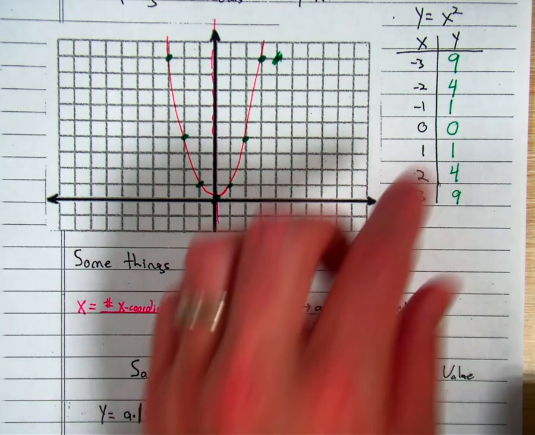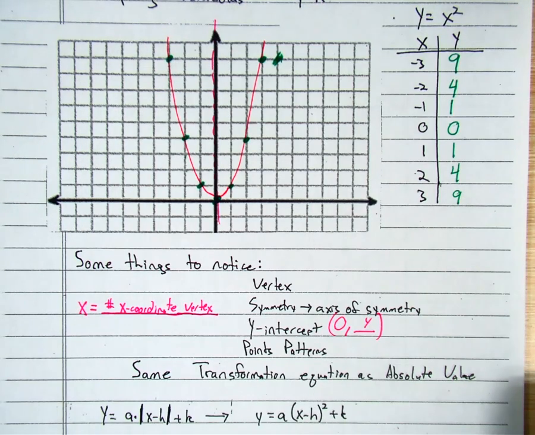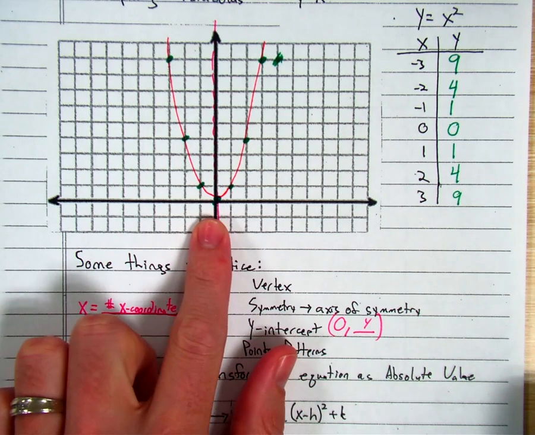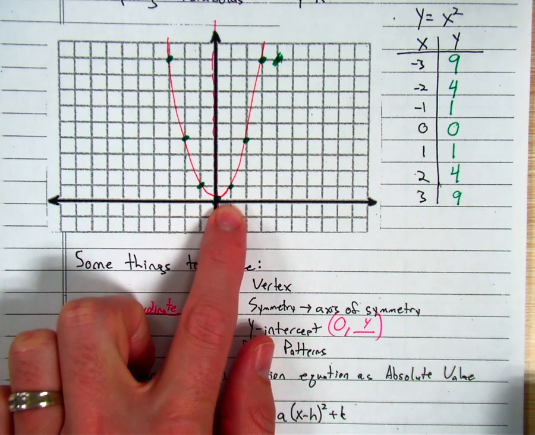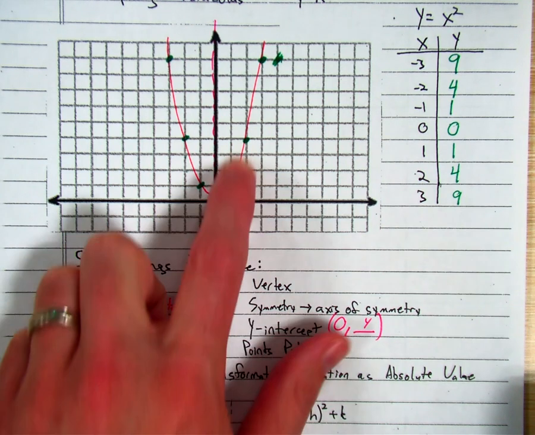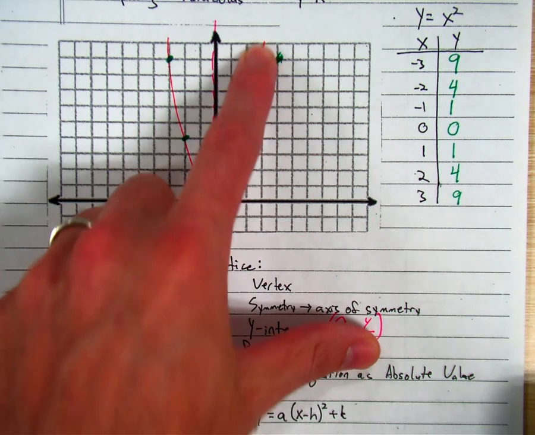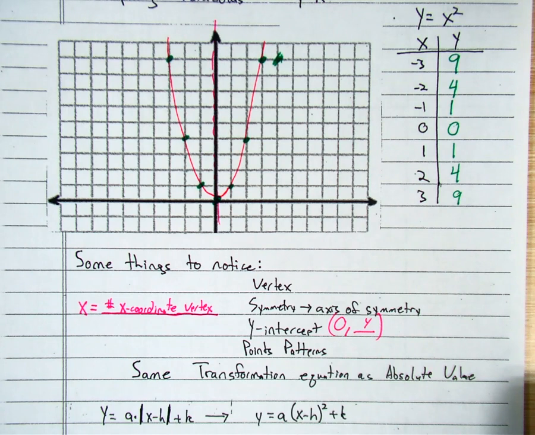This pattern happens everywhere, no matter where this is. This could be at -1,000, 25, and it's still going to be over 1 up 1, over 2 up 4, over 3 up 9. When we do some of these example problems, we'll talk about a multiplier and how those will change it. But for the most part, that's the same pattern every time.